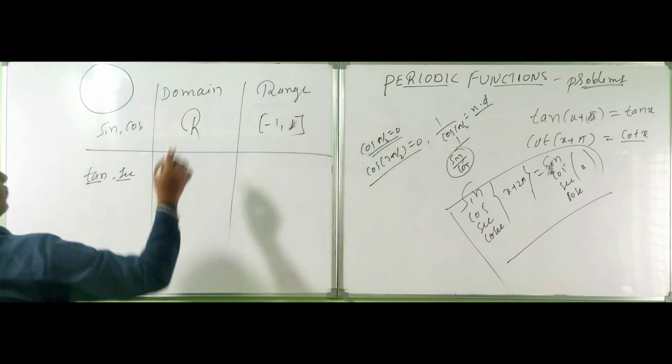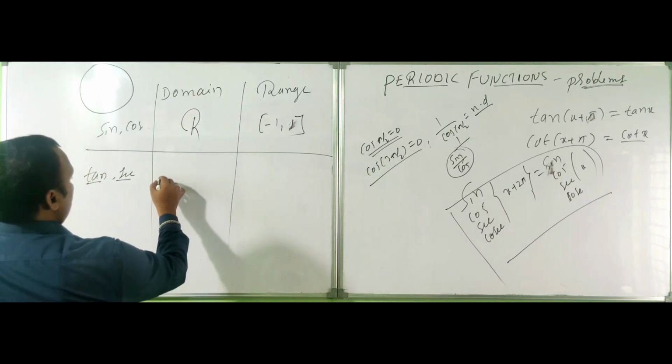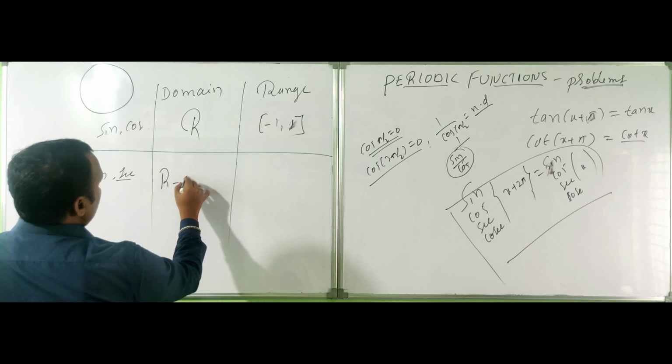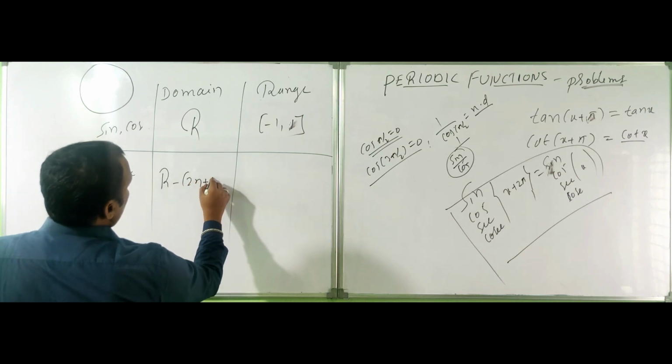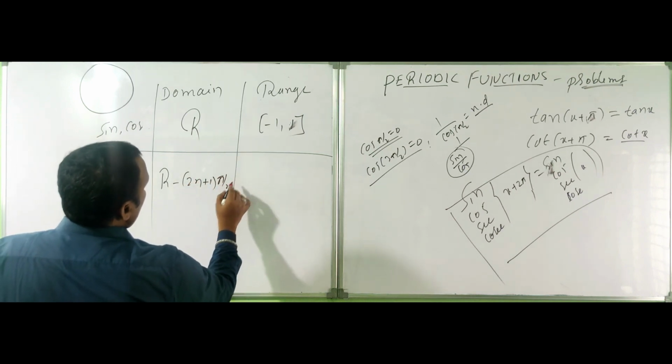That's why the domain is R minus (2n plus 1) into pi by 2.